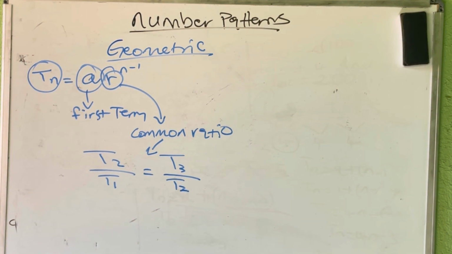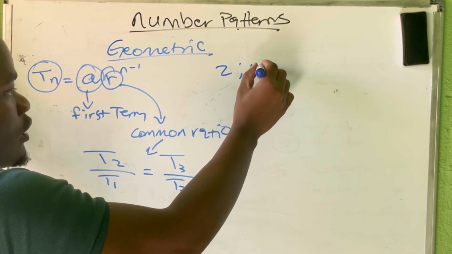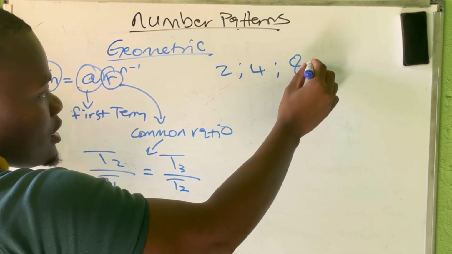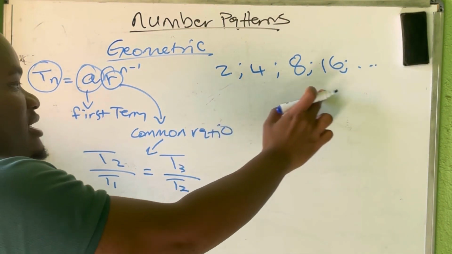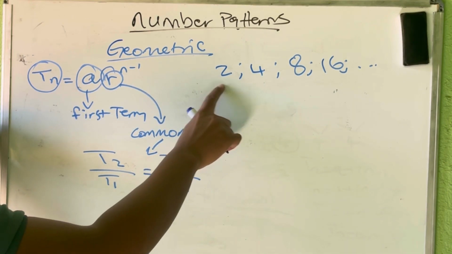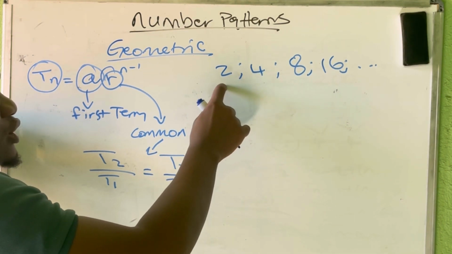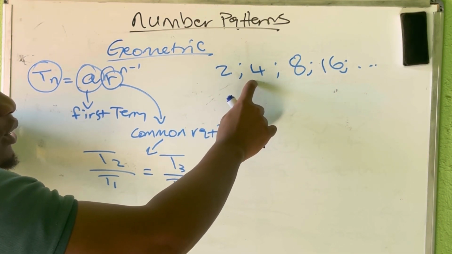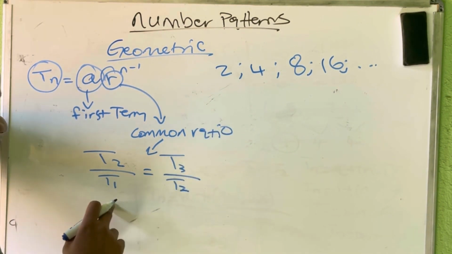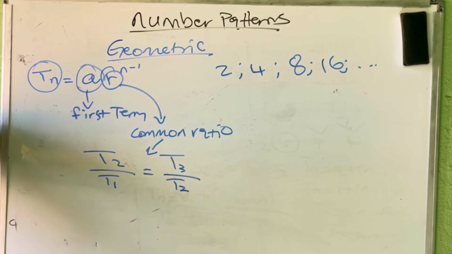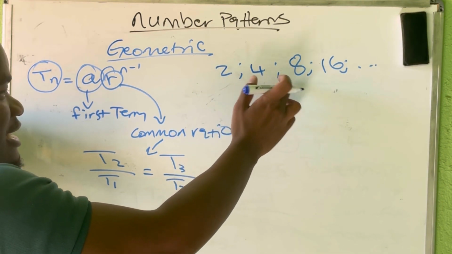Now, let's check geometric. Consider 2, 4, 8, 16, and it continues, right? So firstly, when you're given something like this, you first check, could this be arithmetic? 4 minus 2 would be 2, 8 minus 4 would be 4, 16 minus 8 would be 8. So it can't be. But for this to be geometric, T2 divided by T1 should be the same as T3 divided by T2.